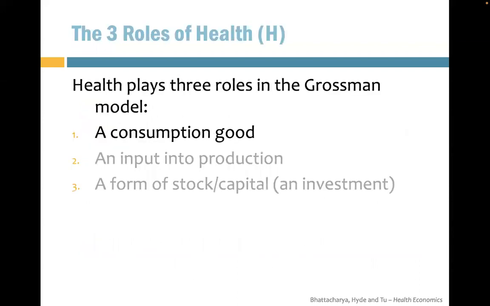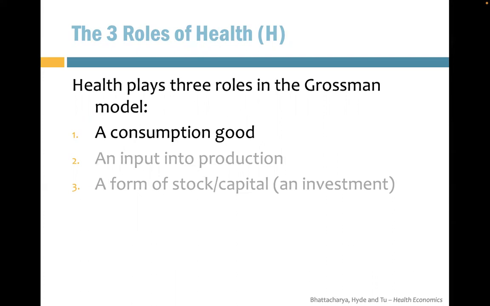In the Grossman model, there are 3 roles that health plays in our life from an economist's perspective. The first one is that it's a consumption good. Just like ice cream or video games, it gives us utility directly. The second role is an input into production.